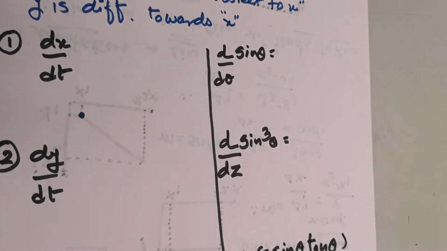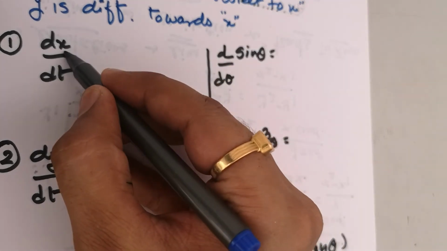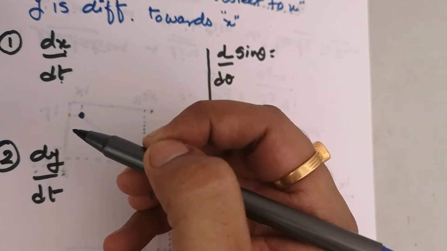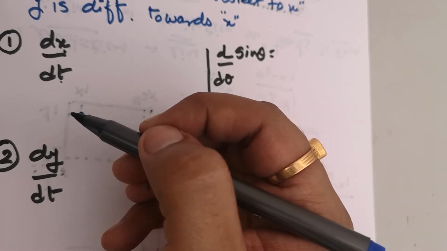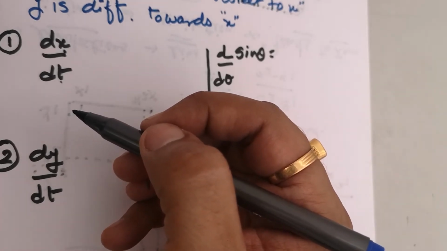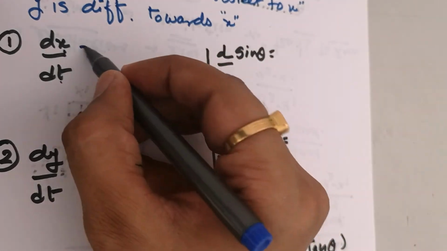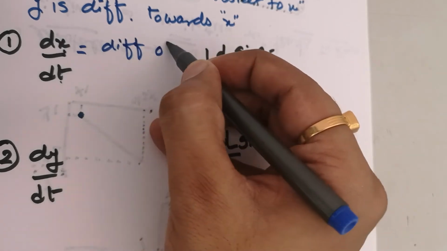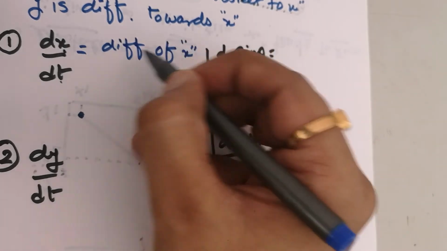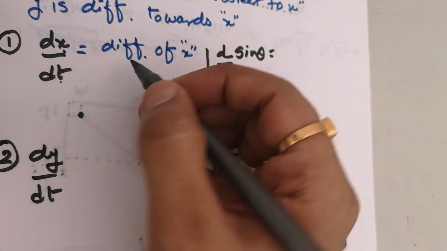How will you write it down? First of all, keep in mind one more thing, that any quantity is always compared with a single quantity. There must always be a single term over here and a single term over here. If it is not like that, then we will use some properties which we are gradually going to learn. So first of all, learn how to read it. You can say differentiation of x, the short form is diff. It is valid also.